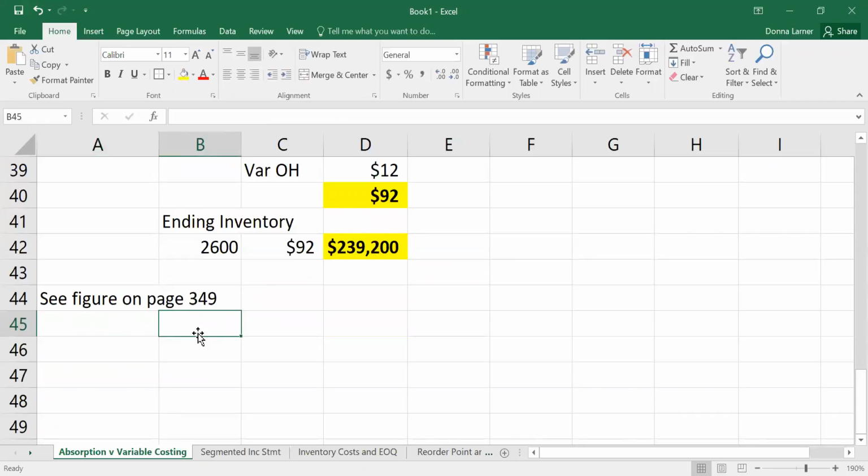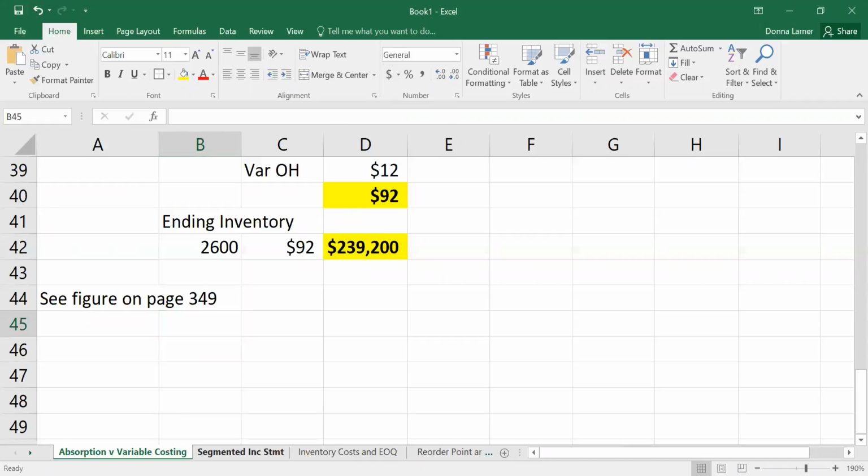And then the flip-flop, when production is less than sales, absorption is going to give you a smaller income than variable costing. When they're equal, they'll equal. Those are hard to rationalize times, especially when you're under stress and taking an exam, so that's a great diagram or chart to keep handy.